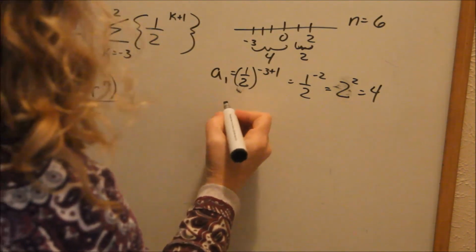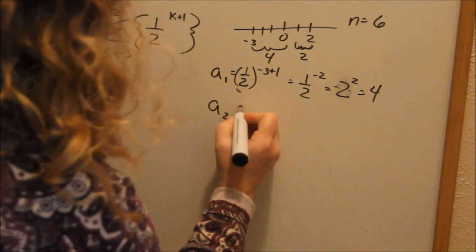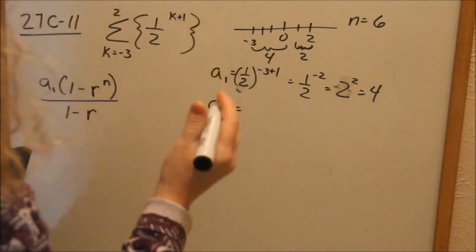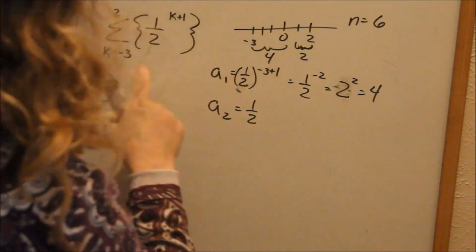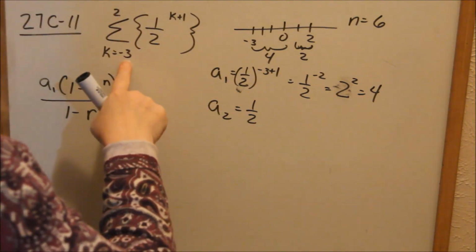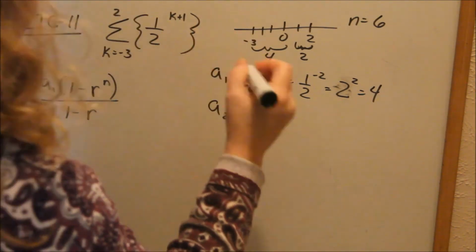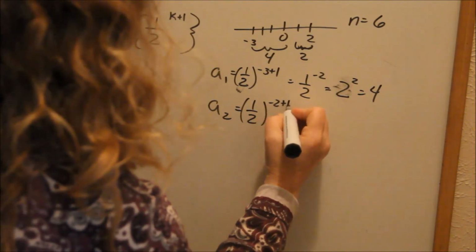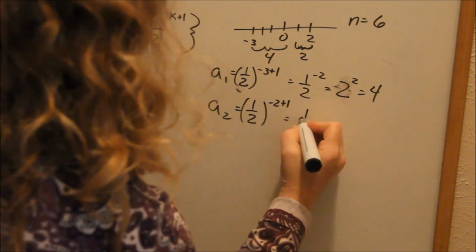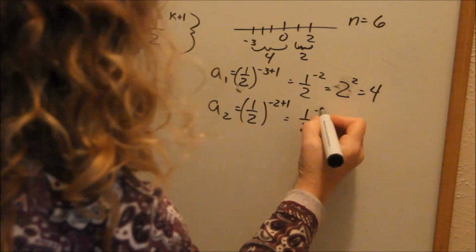Okay, now I need my second term so I can find my common ratio. So second term, 1/2. My next number would be -2, so now I'm replacing -2 in for k. 1/2 to the -2 plus 1, so that'd be 1/2 to the -1.